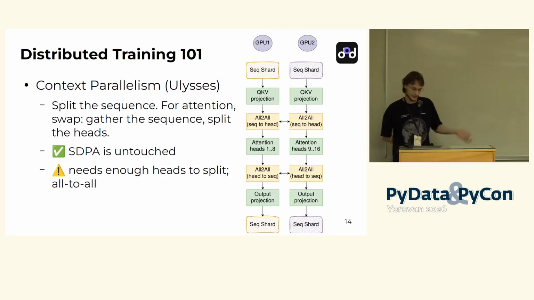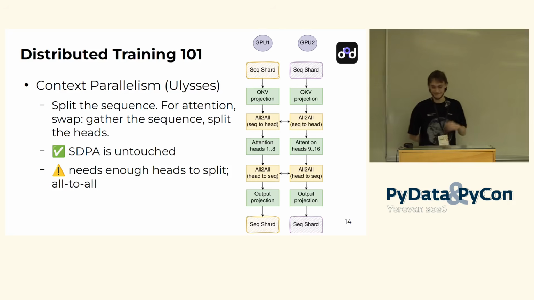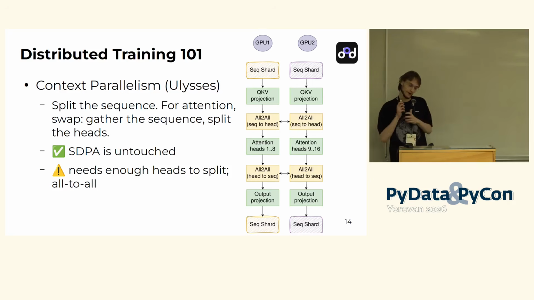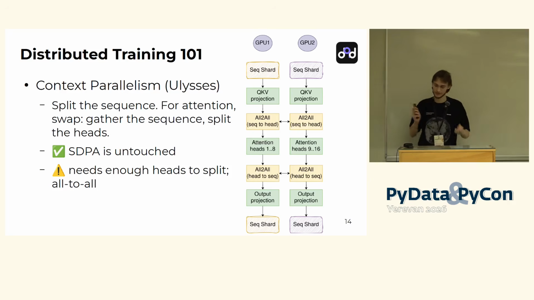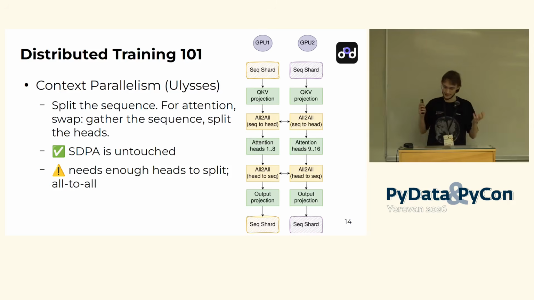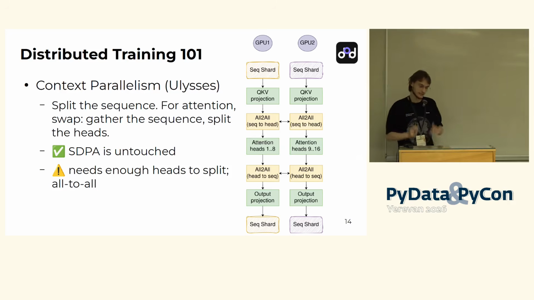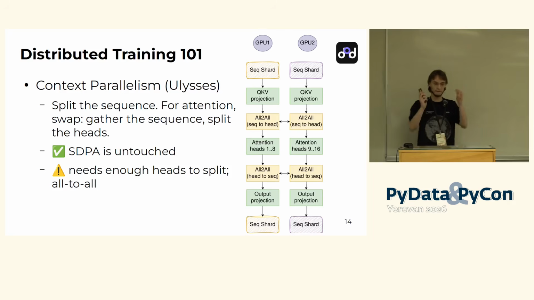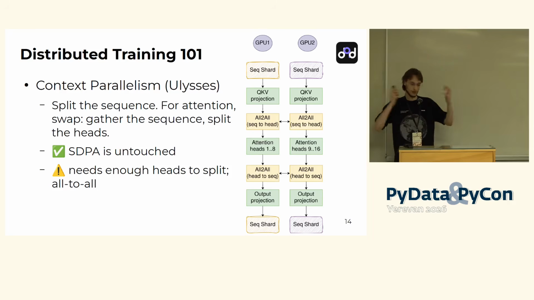But for the attention layer, there's some trick. For attention, we do a quick swap using an all-to-all operation. For activations entering the attention layer, we'll have a full hidden state for some part of the tokens, and we'll exchange it to a partial hidden state for all of the tokens.